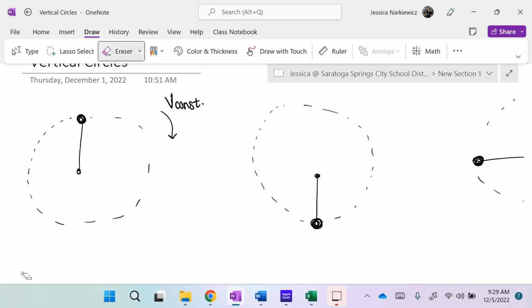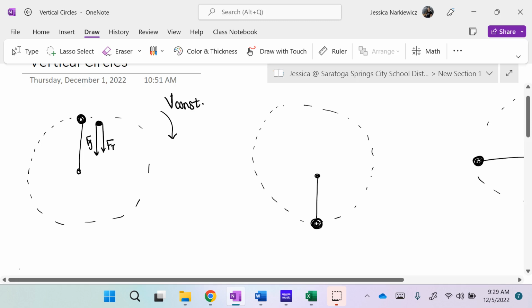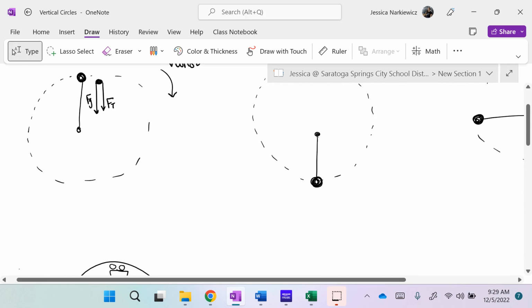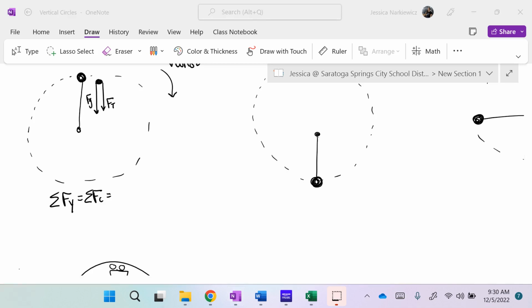So at this top point, we are going to have both a force of gravity and a tension force pointing inward. Now, with vertical circles, it's usually the net force in the y direction that gets replaced with the net centripetal force. Specifically, that is true if we're looking at the top or the bottom.